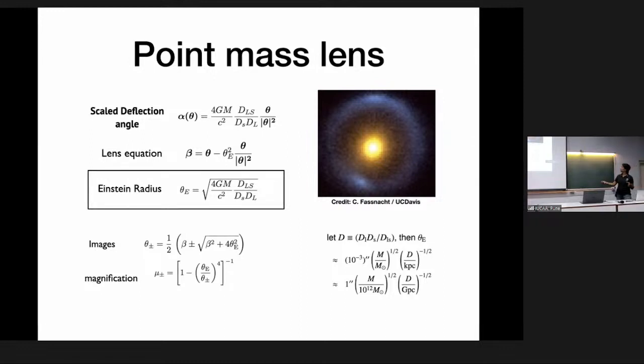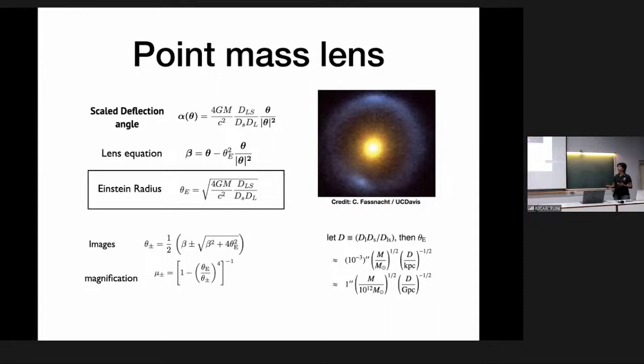This is the kind of estimate that Einstein had made, and because these deflections are of such a small angular scale, he never thought that we could ever observe a lensing effect.